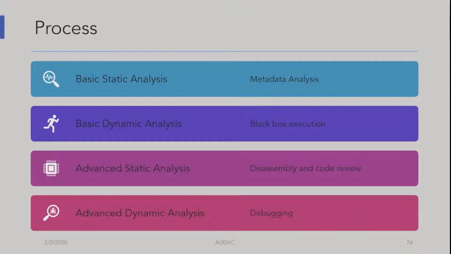Then if there's stuff you can't figure out in advanced static, you look here, here, and here with advanced dynamic to see what values are there. You're narrowing your scope each time, from seeing if these functions are actually here, and what's getting passed to them, to running through it step by step to see what one unknown value is.